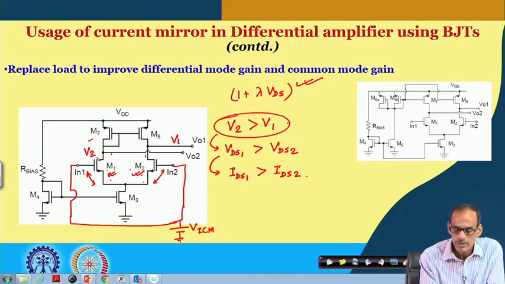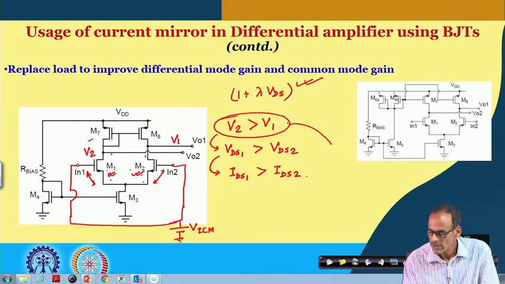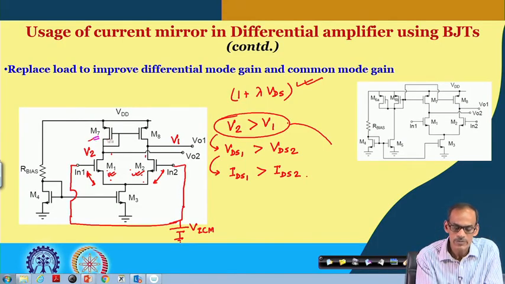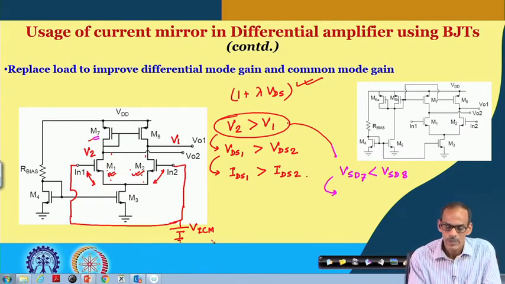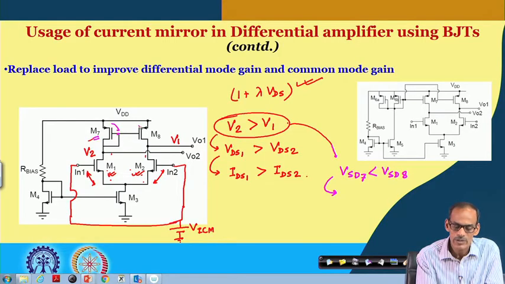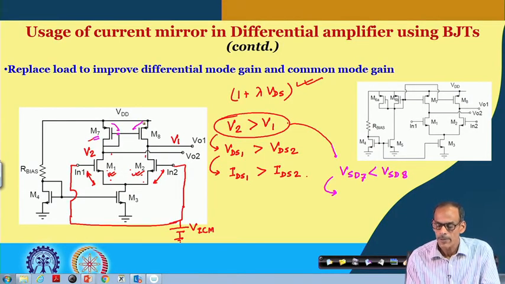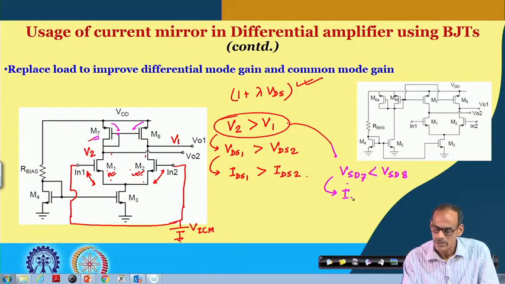And then if I consider this condition on the upper side, and consider transistors 7 and 8 to be identical, that makes VSD of transistor 7 less than VSD of transistor 8. Though these two transistors are identical, because of 1 plus lambda VDS, ISD of transistor 7 is less than ISD of transistor 8.